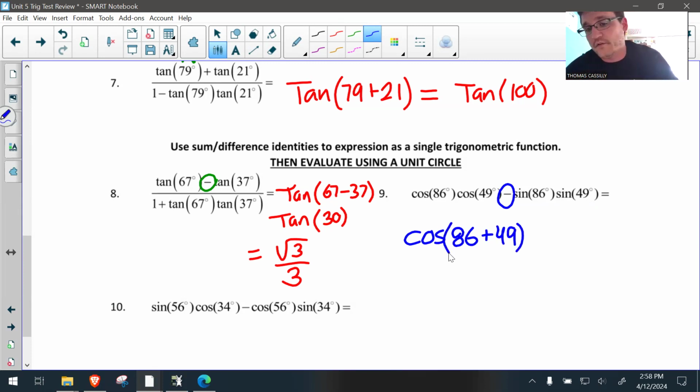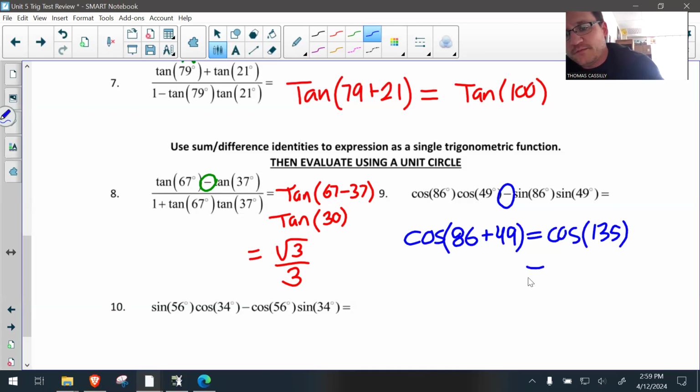So you have a minus on the inside, so that means when you condense it down, it has to be the conjugate or the opposite, so it's a plus. But let's see here, the cosine of, what is that? 80 plus 40 is 120, 6 plus 9 is 15. 135, I guess. The cosine of 135, I think that's negative. Yeah, negative square root of 2 over 2.